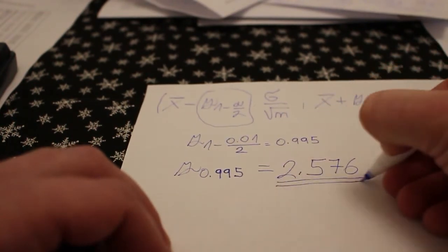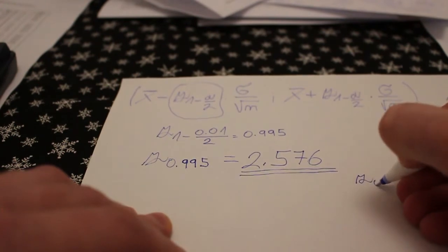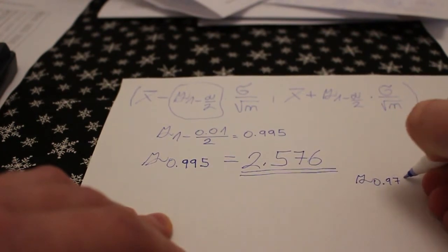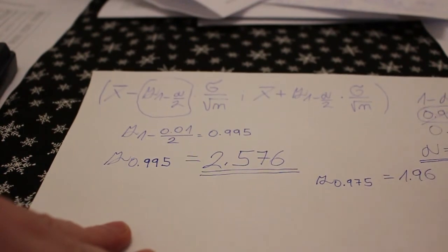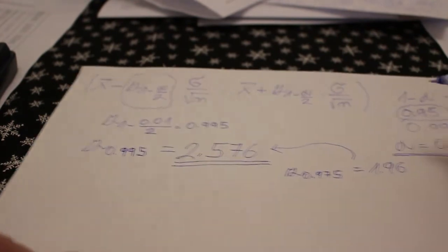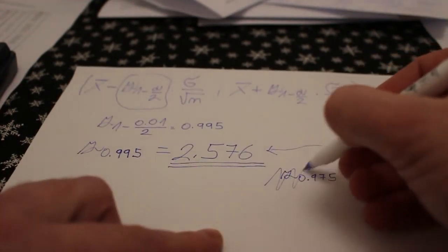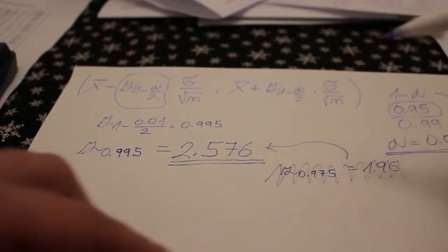So instead of this quantile z 0.975, which was equal to 1.96, we will use this quantile. So we will not use this quantile, but this quantile.